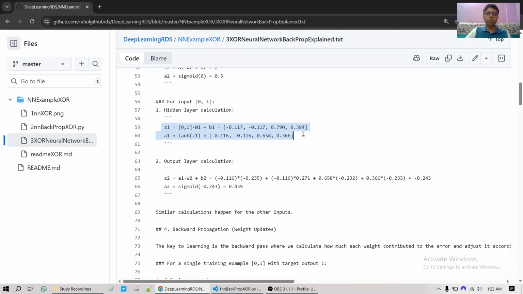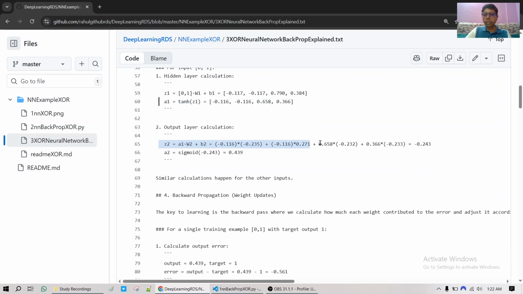You know the tanh and sigmoid activation functions; you can refer to them on YouTube or in any basic neural network book. In A1 we have got this output, which tells the probability of our output.